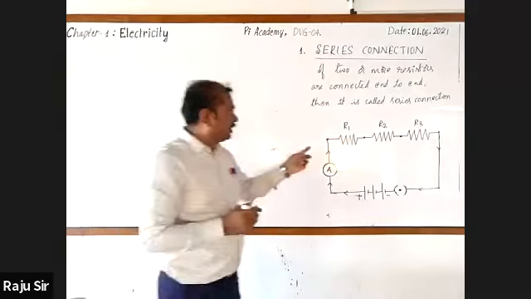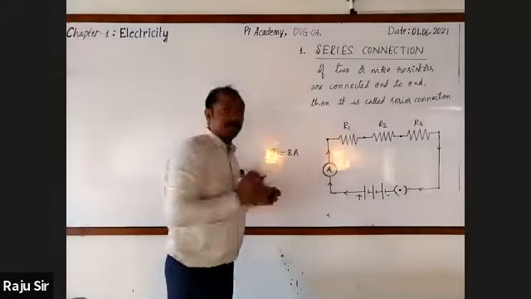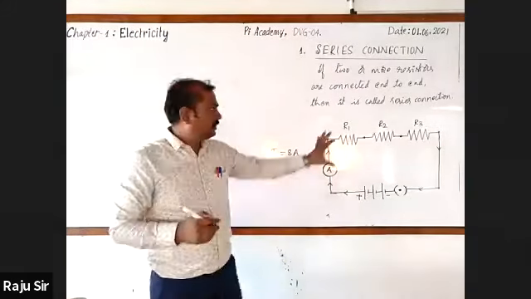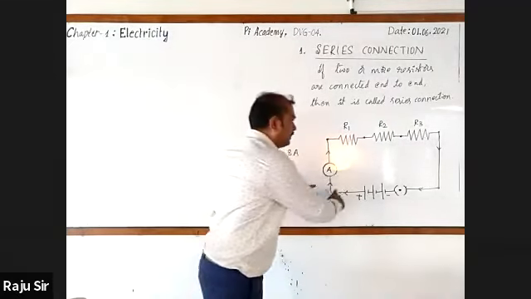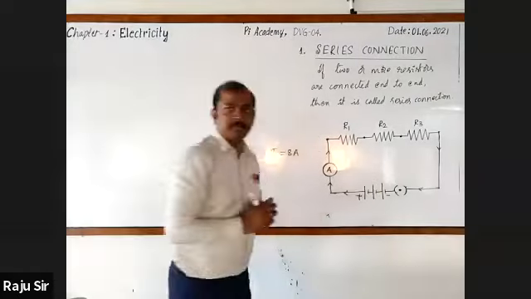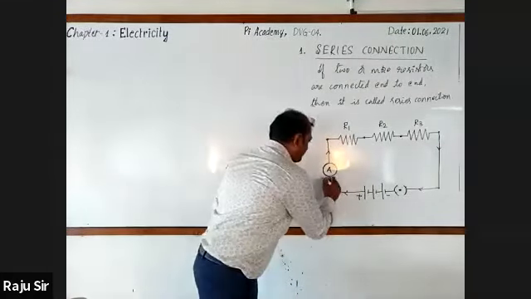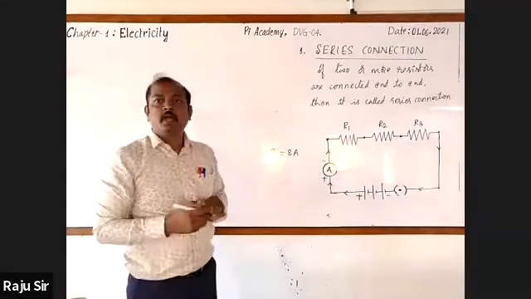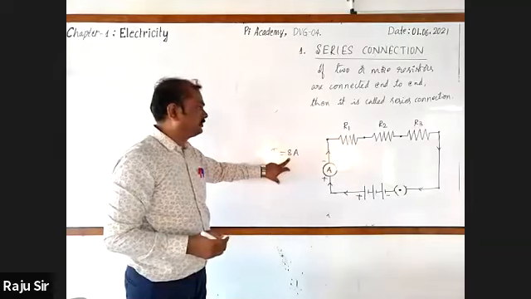Assume it shows just 8 amps. Once again, no resistors are connected. Only a bare wire is connected to the terminals of a battery along with the switch and ammeter, and the ammeter reading is 8 amps.